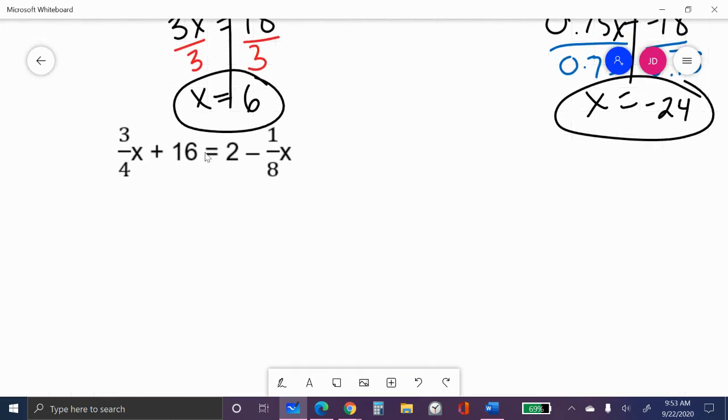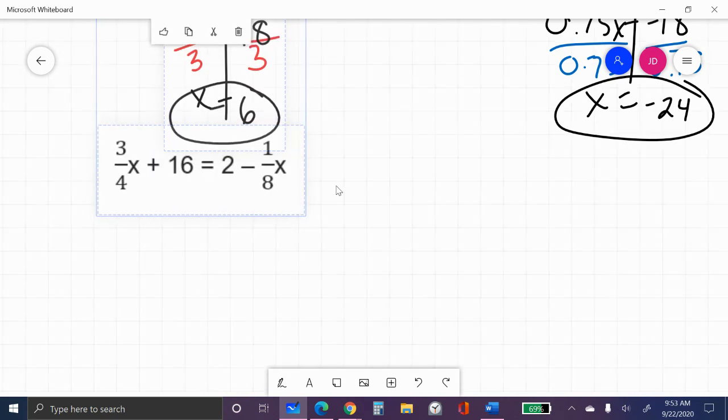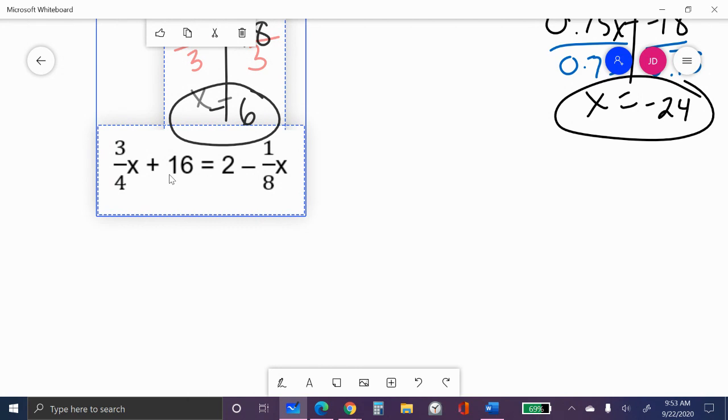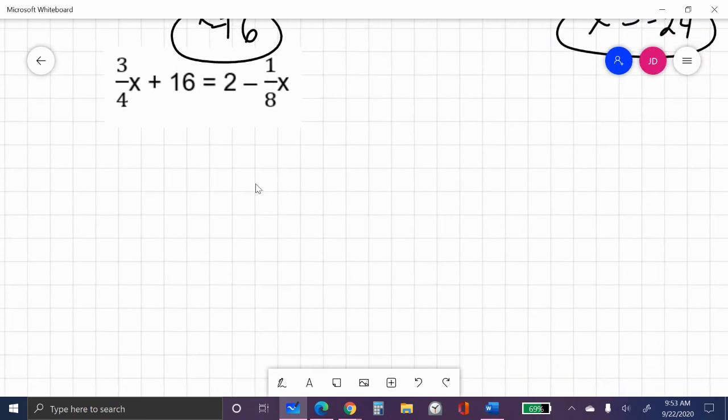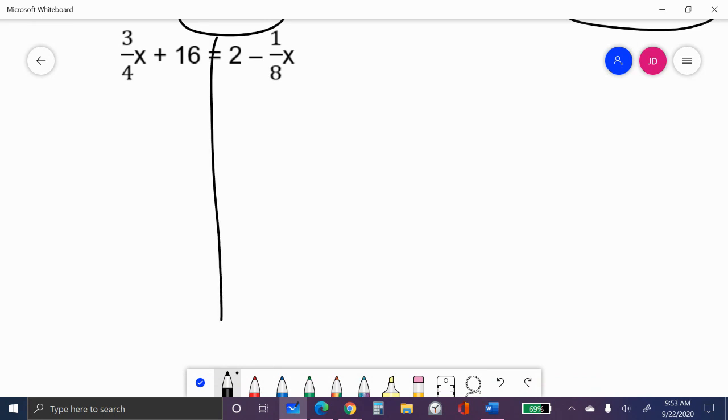All right, one more. You knew I had to do this. I had to throw in fractions here. I want to separate this guy. That's okay. I'll just leave him here. Fractions with variables on both sides. All right, there's no like terms. So I want to convert this. I want them to have the common denominator. So you look at 4 and 8 and you see, okay, how does 4 go into 8?